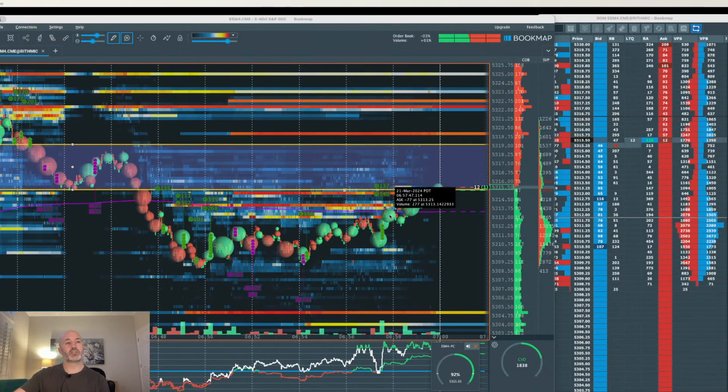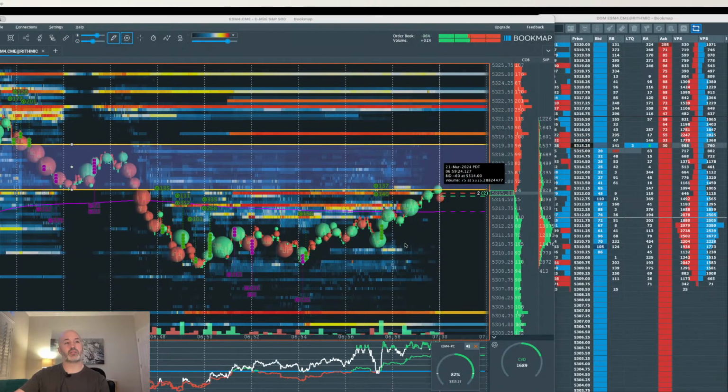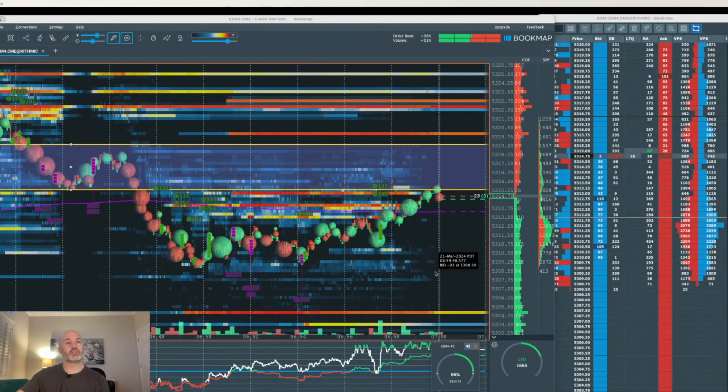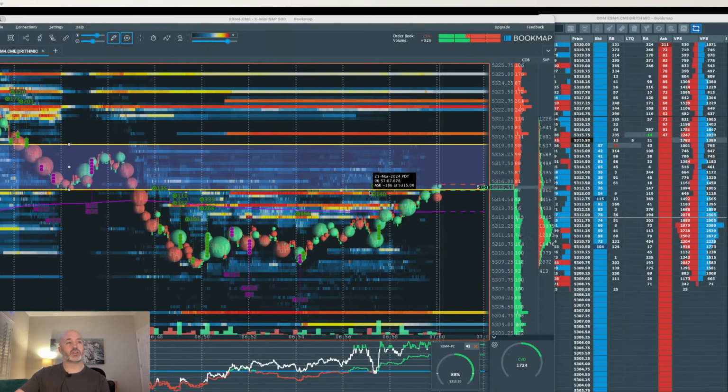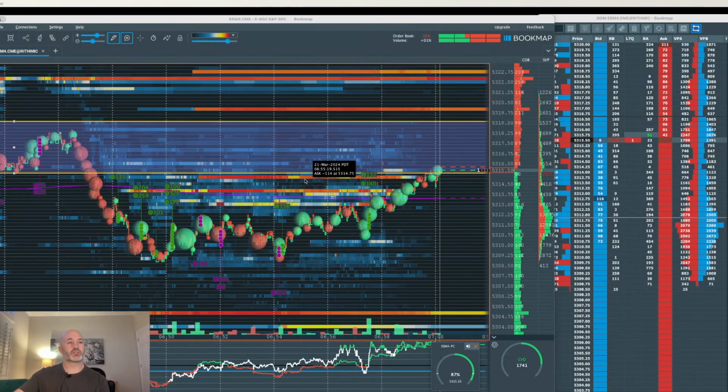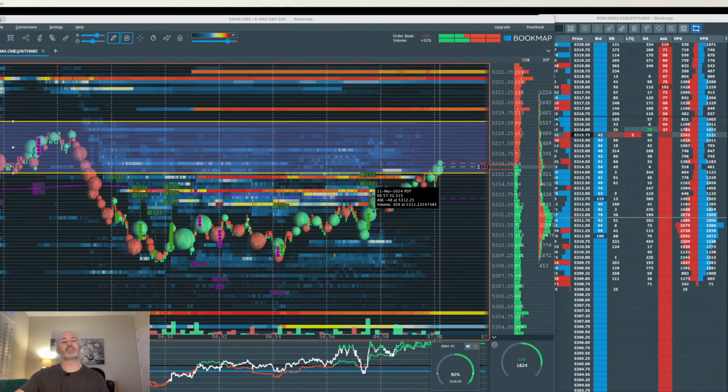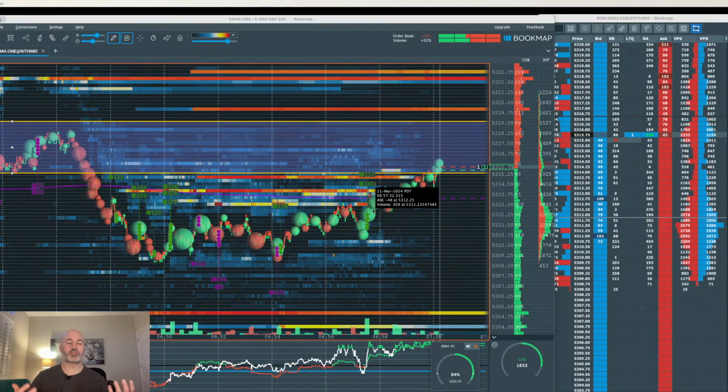I'm seeing absorption here, but it looks like buyers are still able to push through the book, but it's grabbing this liquidity here. See, that's what I was worried about. You're gonna know this as you watch Bookmap over time.